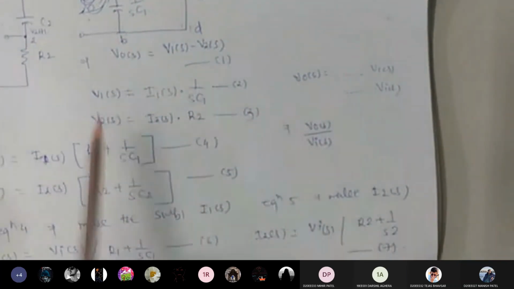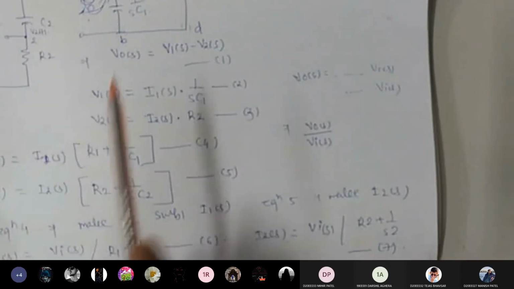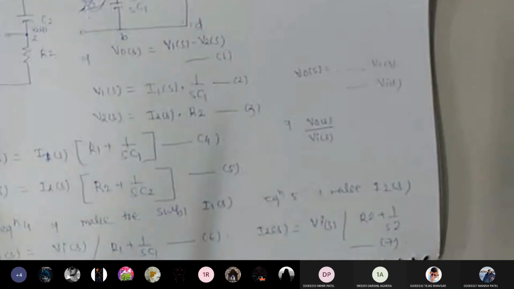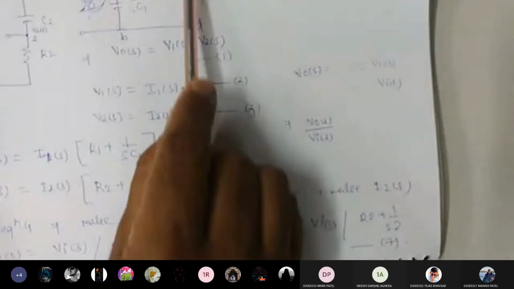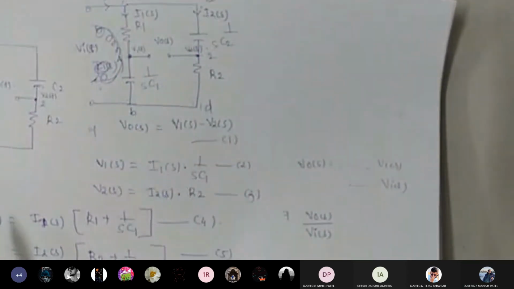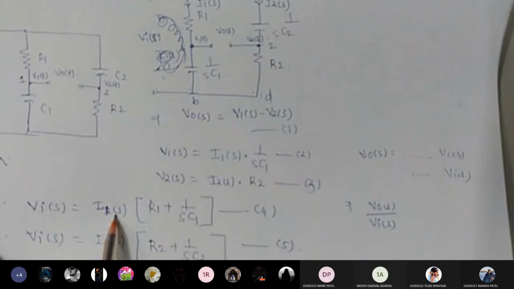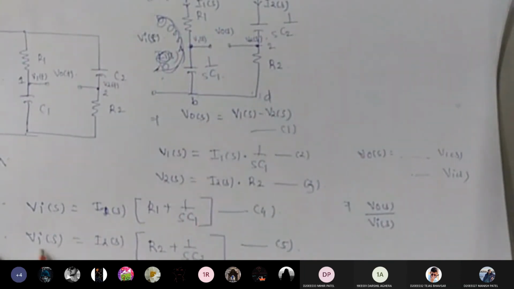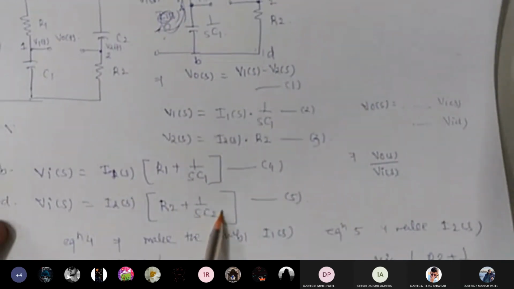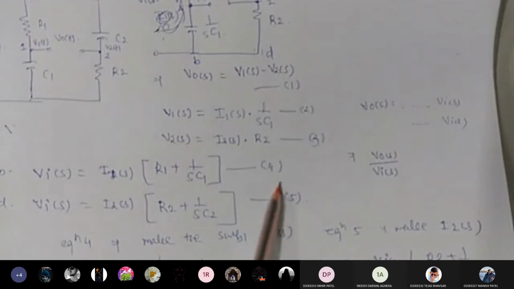Because it is a parallel circuit, we will find VIS twice, across AB and across CD. So your equation will be VIS is equal to I1S into R1 plus 1 upon SC1, and VIS again is I2S into R2 plus 1 upon SC2. This will be your equation number 4 and 5.